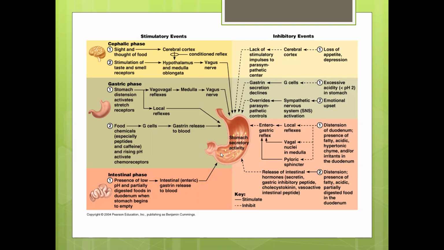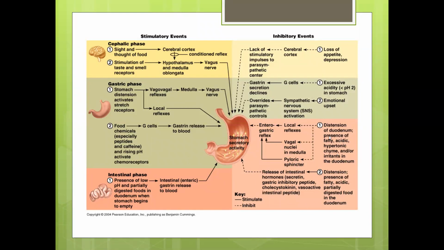But then when enough material has gotten into the duodenum, we want to inhibit gastric secretion. So distension of the duodenum, presence of fatty, acidic, hypertonic chyme and irritants in the duodenum, and presence of partially digested food, is going to release a whole batch right here of hormones, which we'll get to in a minute.